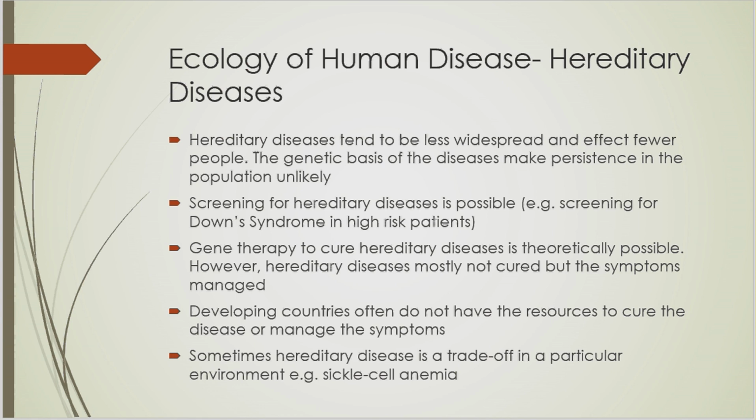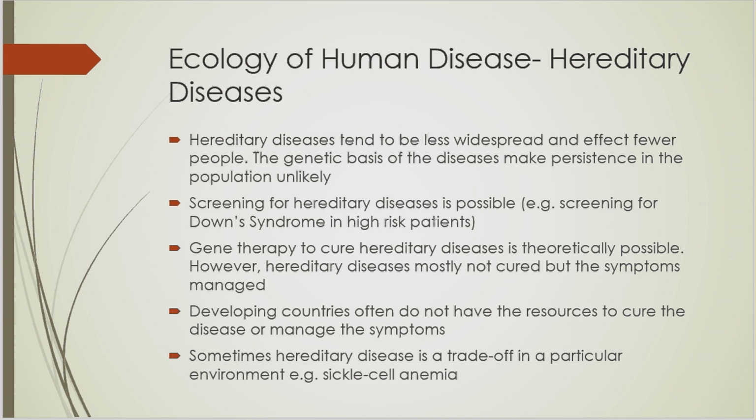But it's interesting to note that people with sickle cell anemia are actually immune to malaria, and sleeping sickness, which is a disease in Africa. So if you have sickle cell anemia, you can actually do without the malarial prophylactics, and you can travel around and not be affected by malaria.